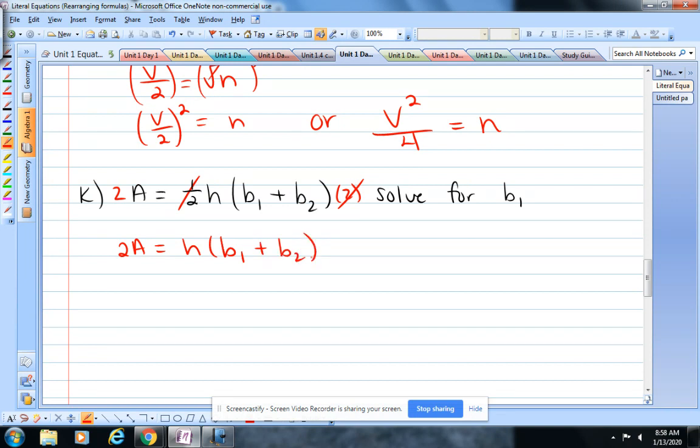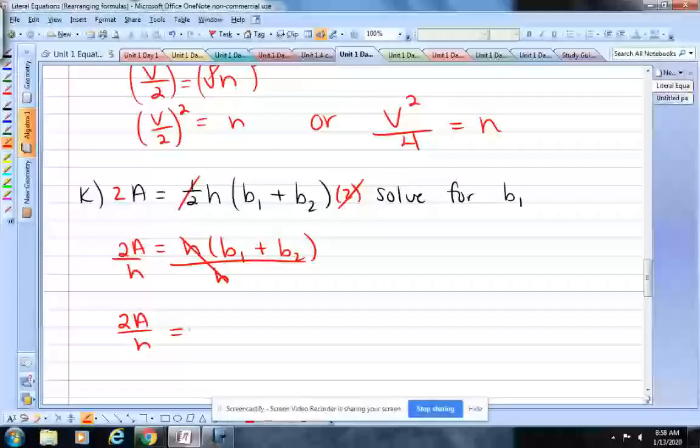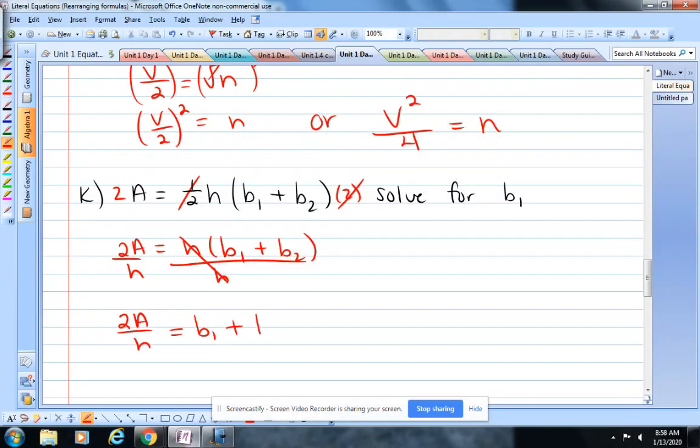All right, now I can get rid of that h. So what's happening with h in this parentheses? Multiplied. So how do you think we're going to get rid of it? Divide both sides by h. Y'all with me? So now it's 2a over h equals b1 plus b2. Now what are we solving for? B1.